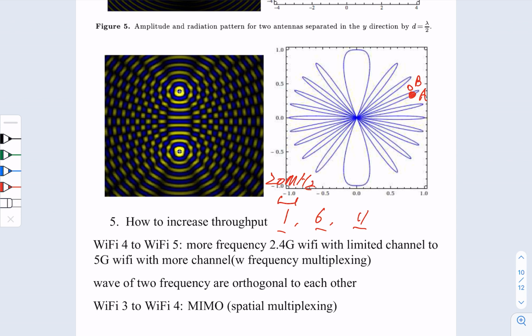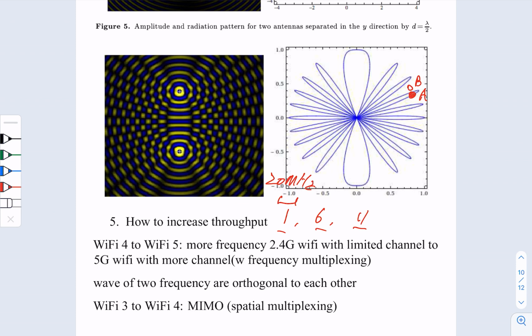But the antennas in the phone might be hidden. The edge here might be one antenna, and you can see that it has been cut here by some plastics, and the edge here is another different antenna. So this phone has exactly 2 antennas. You can use these 2 antennas to receive slightly different information.